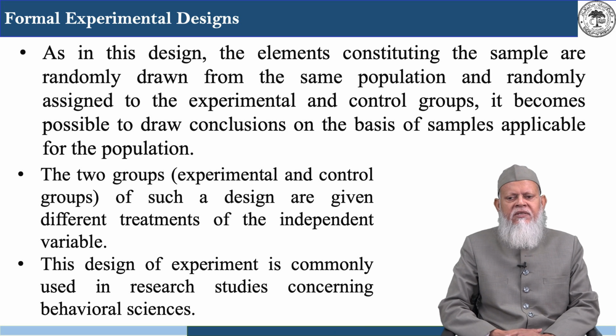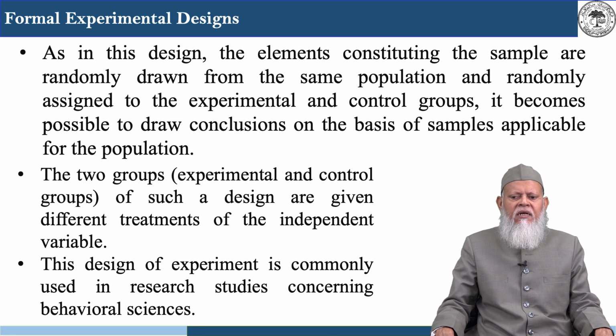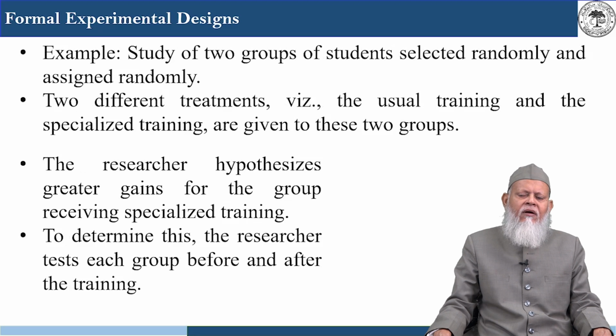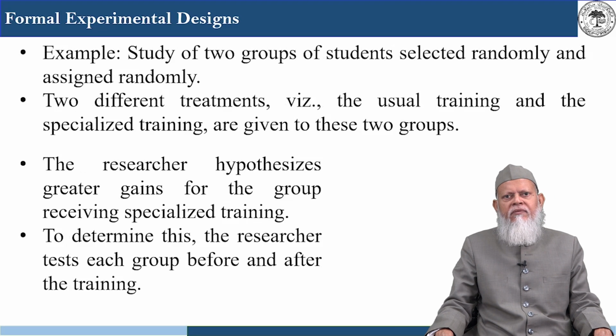We have observed this in the diagram. The design of the experiment is commonly used in research studies concerning behavioral sciences. So, it is very good for the social sciences also. We will now discuss one example. The study of two groups of students selected randomly and assigned randomly.